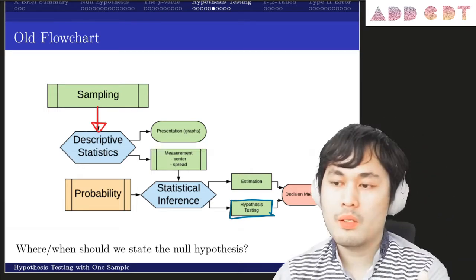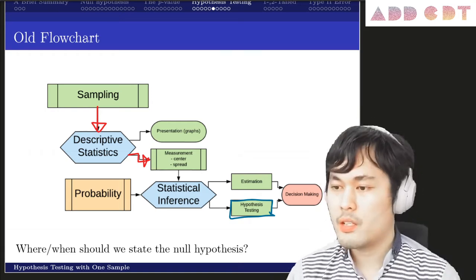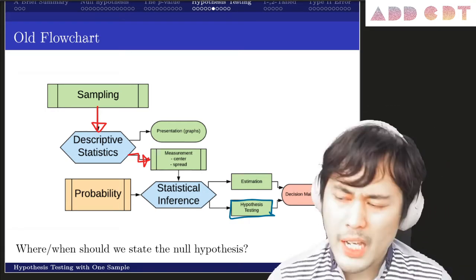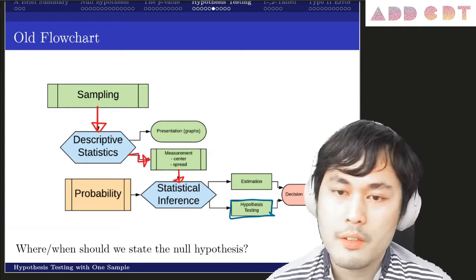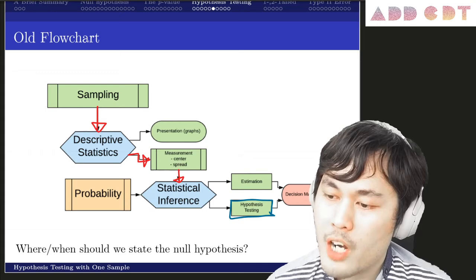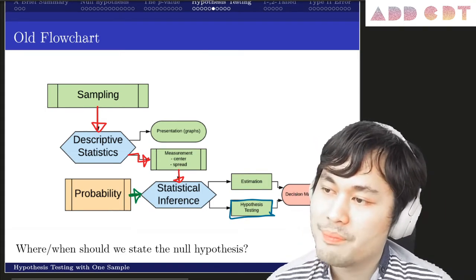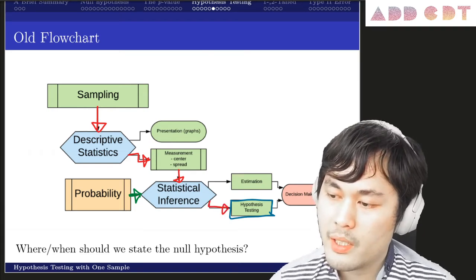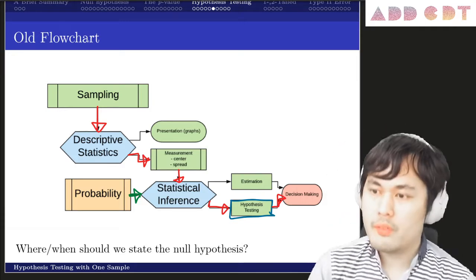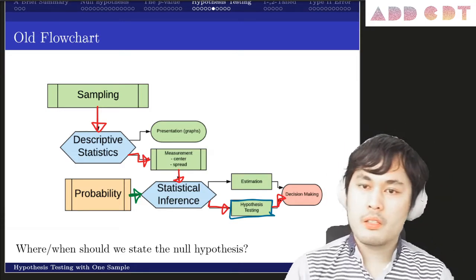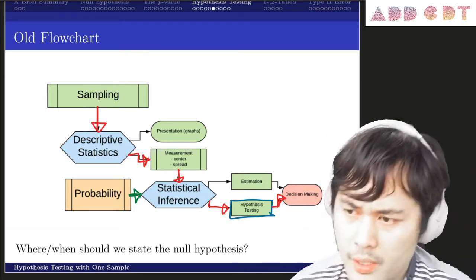From the sample, we get some information, such as the center, mu, the average, or the spread, sigma, the standard deviation, and we're going to infer something from that with help from our friend in the math department, the probability guy. Then we can perform the hypothesis testing and arrive at the final decision. So that's the whole process of statistical sampling.